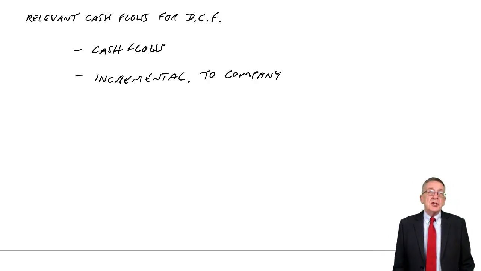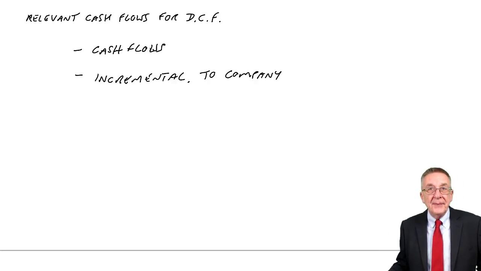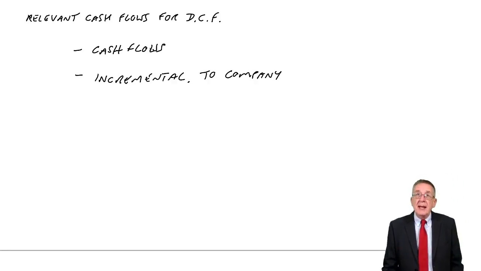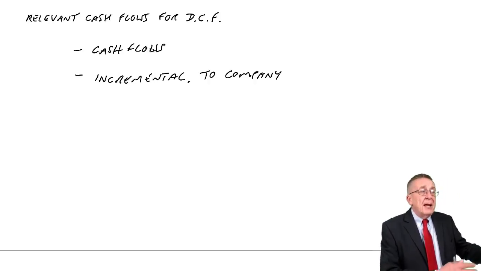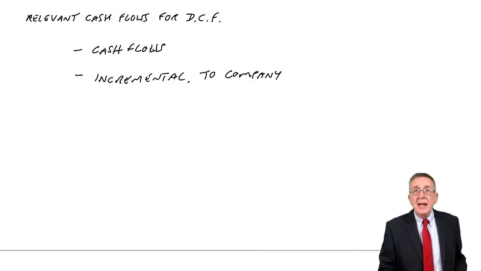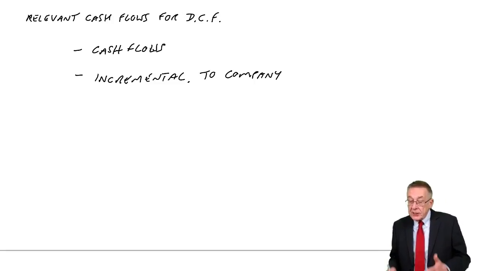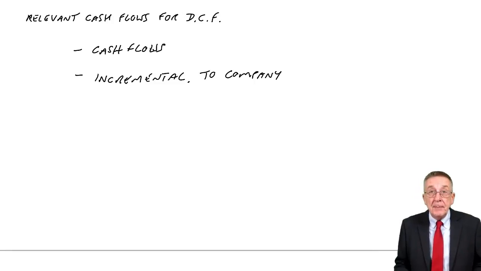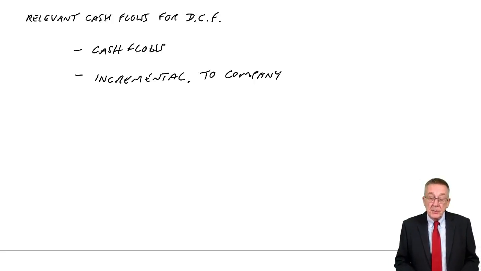You know, maybe our new machine is going to generate income of 10,000 a year, but maybe buying the new machine will also affect other products in the company and give an extra 2,000 there. Well, fine, it's all extra cash flow effects on the company of doing this new project or buying this new machine.